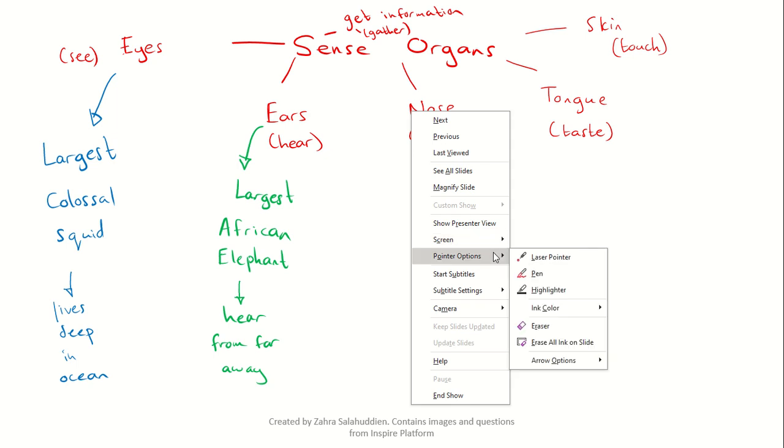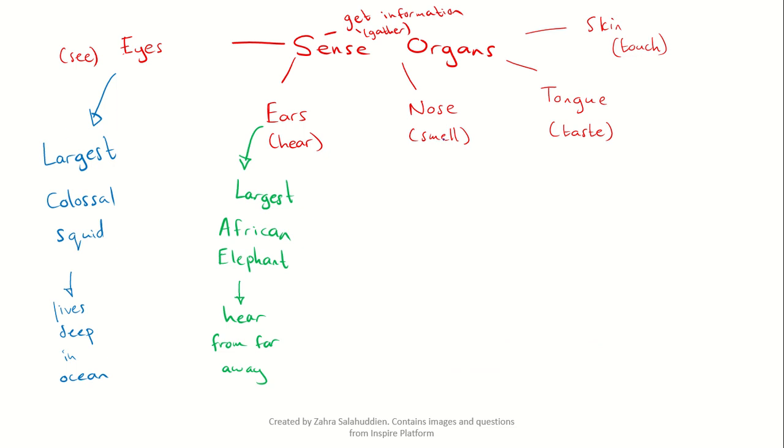Okay, then we have our sense of smell. So we smell with our nose, but an ant does not have a nose. Ants do not have a nose.